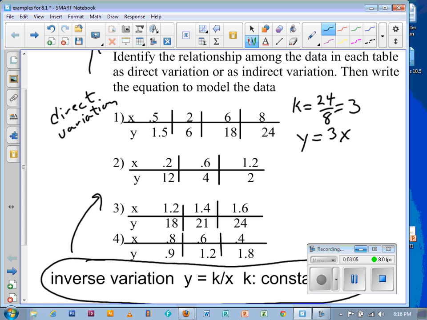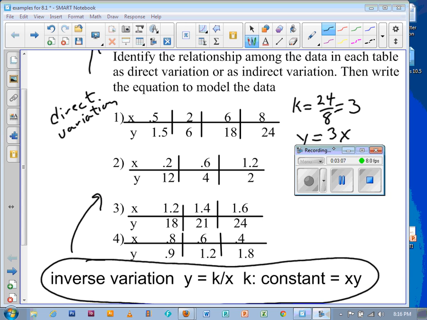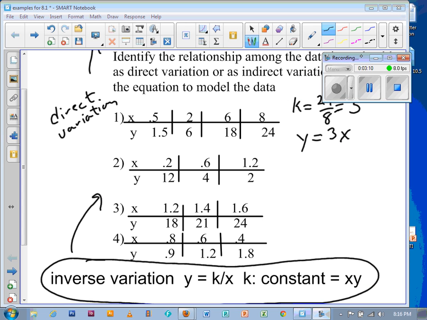And that will happen if the x's are increasing and the y's are decreasing, along with the fact that if we multiply the x and the y together, we should get the same exact number. If I take 1.2 times 2, that equals 2.4.